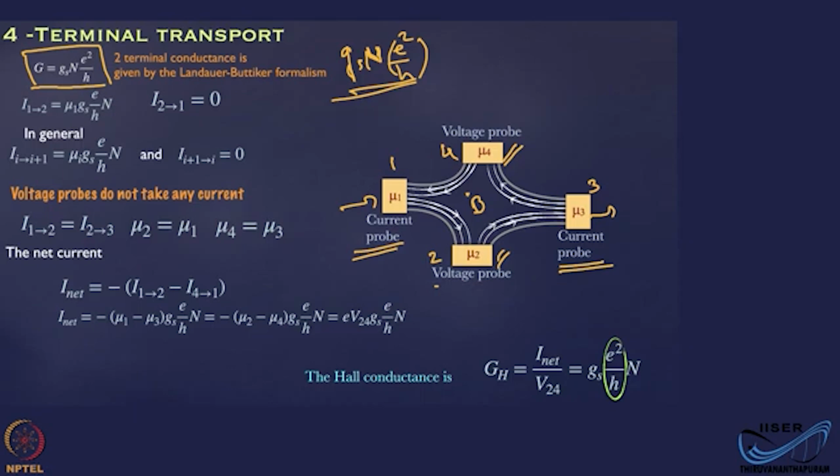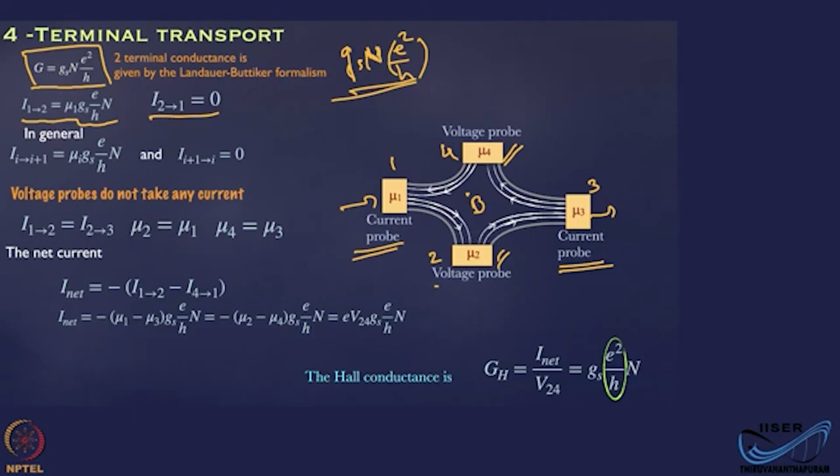Now, I from 1 to 2 is given by this formula. But I from 2 to 1, that means the current from 2 to 1, is 0, because all the electrons flow from 1 to 2, but no electrons go from 2 to 1.